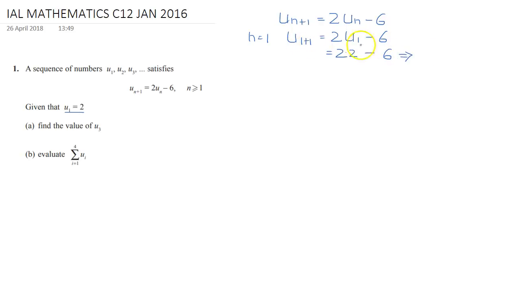So this means u2 is equal to 4 minus 6, that is minus 2.